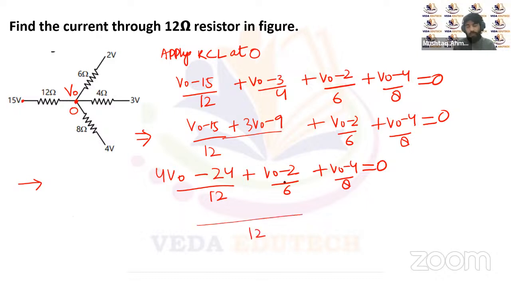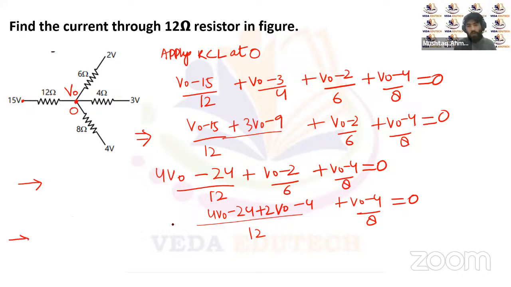If 12 is the LCM, we'll be left with minus 4 plus 2 V naught over 24, minus 4, and we'll be left with (V naught minus 4) over 8, that's equal to 0.